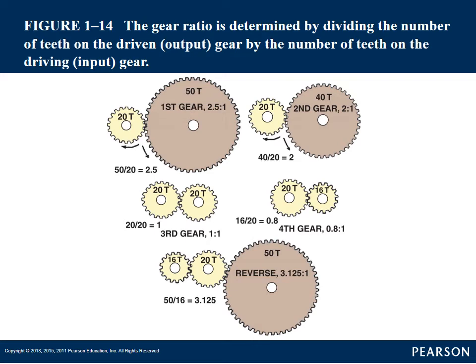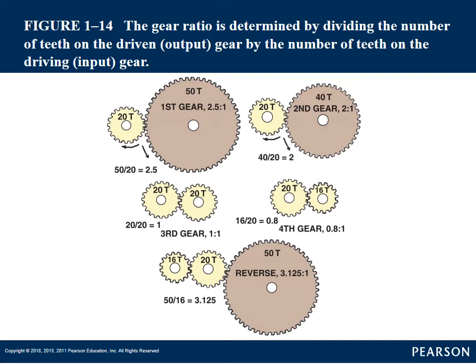And then reverse, we are able to get reverse because now we put in a transfer gear or an idler gear. If you look at our top first gear, it shows arrows of the direction of our gears. The drive gear is turning clockwise, which makes our driven gear turn counterclockwise.